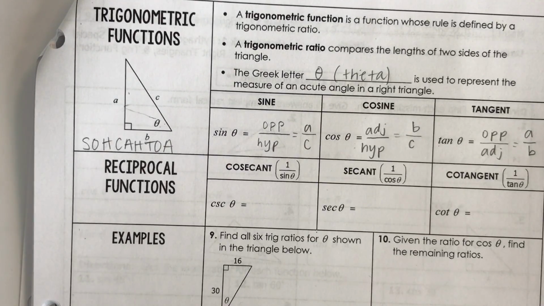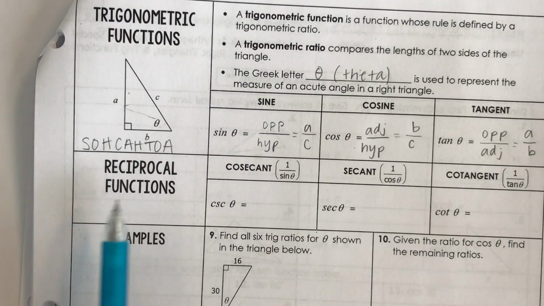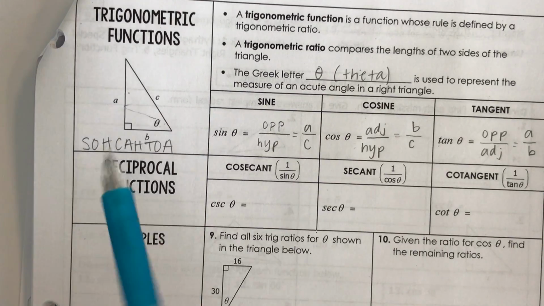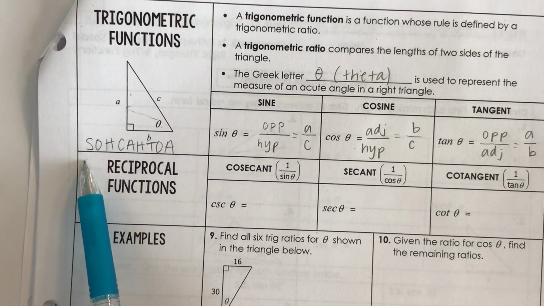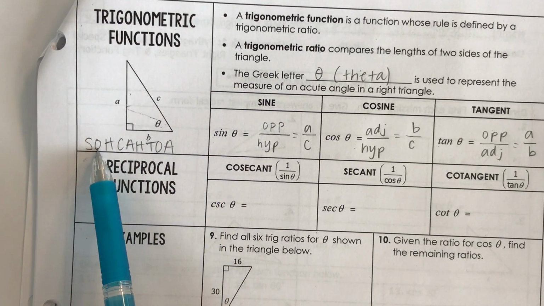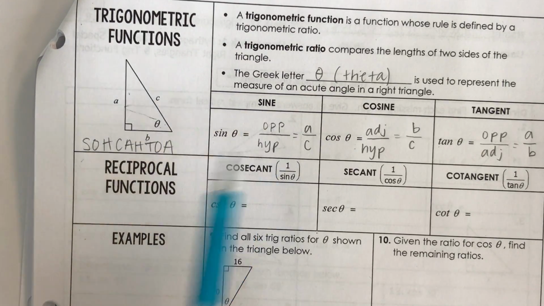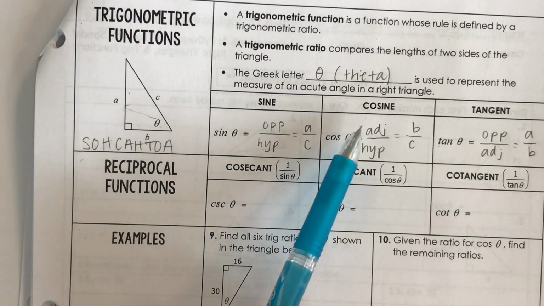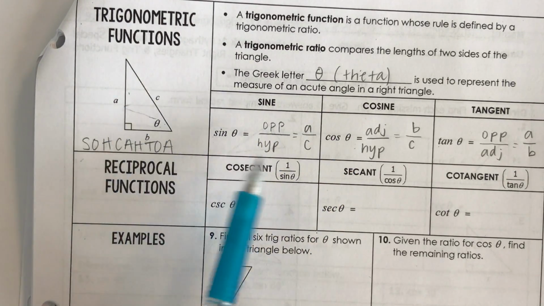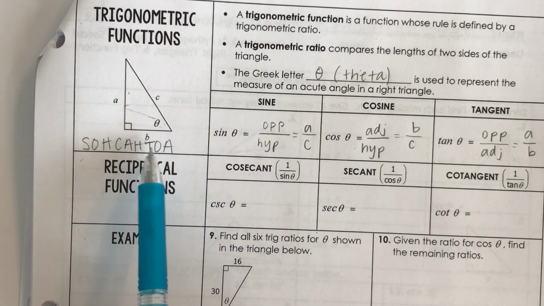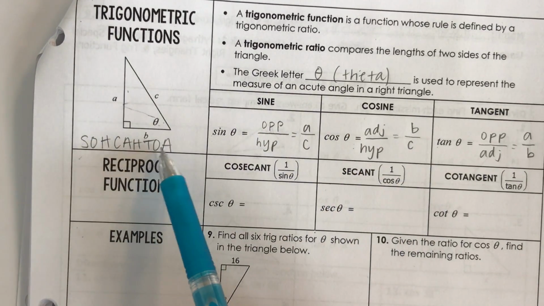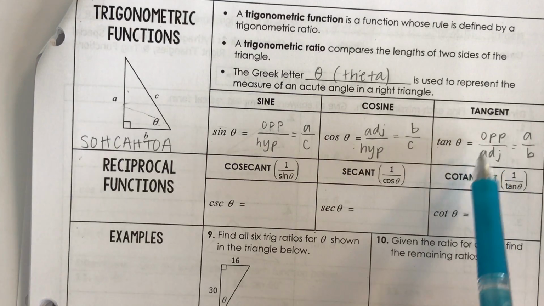If you really want to learn this stuff, you will remember SOHCAHTOA. Here's how it works. Sine is opposite over hypotenuse. Cosine is adjacent over hypotenuse. Tangent is opposite over adjacent.